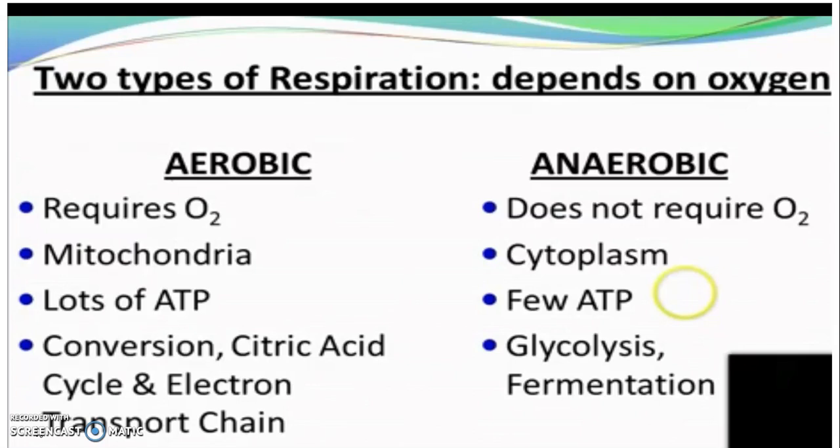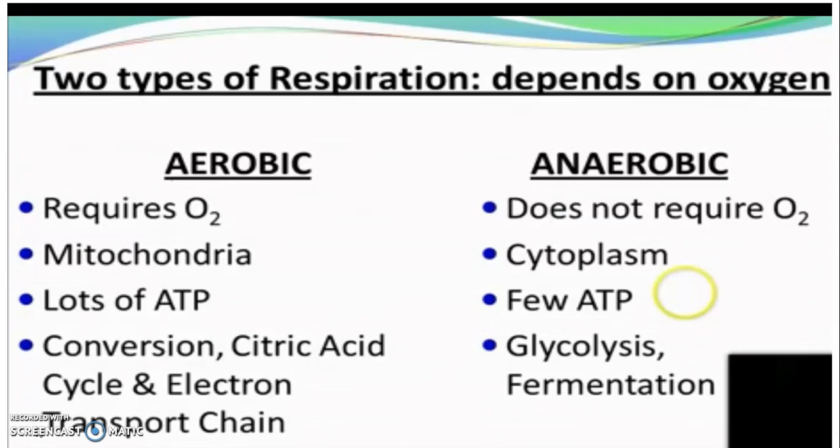So aerobic is plan A, in which lots of ATP is made. In aerobic respiration, there is a conversion phase, the citric acid cycle, which we also call the Krebs cycle, and the electron transport chain, which is also ETC in short.